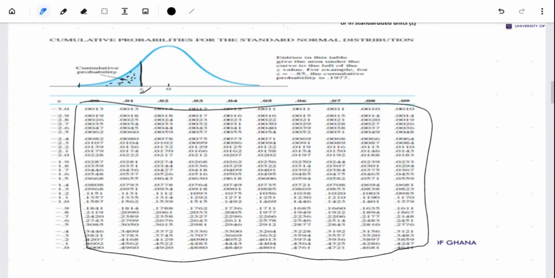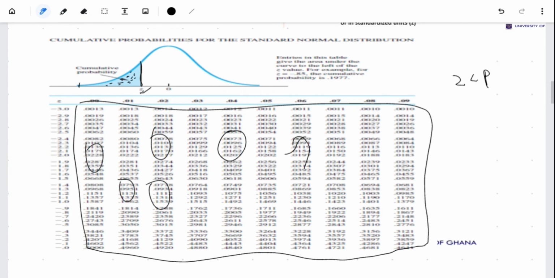So when you are given a question where they say the probability that z is less than a value, then any probability that you find within this range will be your answer, right?